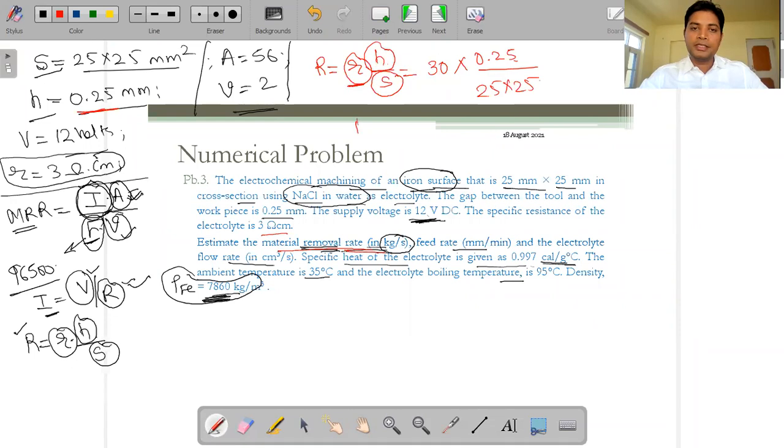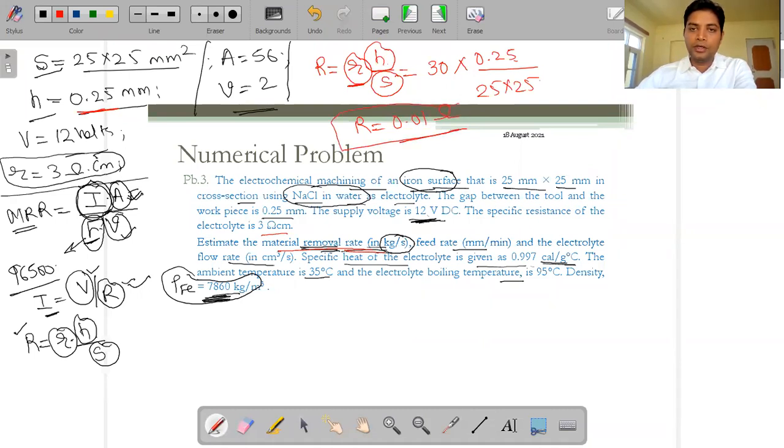Now guys, please tell me the value of R. 0.012. This will be in ohm.